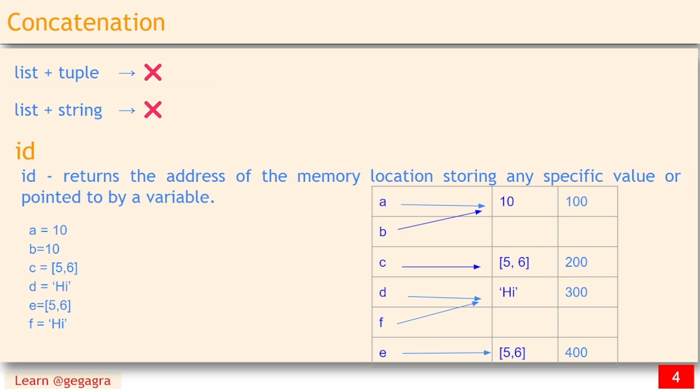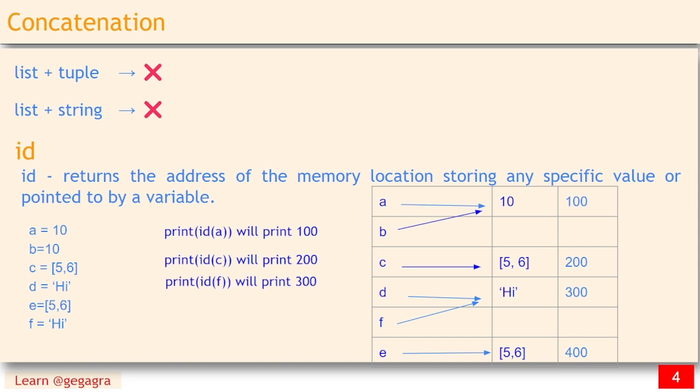But the id of d and f will again be the same, 300, because this is immutable. So this is how the id function works in Python.